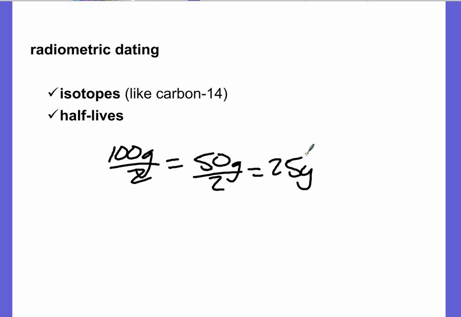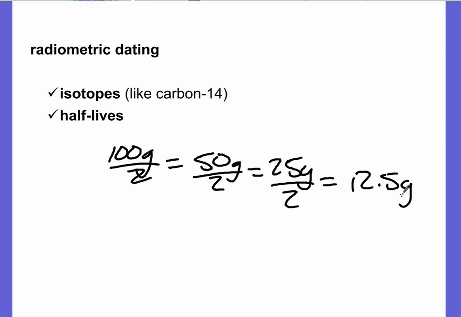When I divide by 2 again, it's going to give me 25. I lost 50 grams in the first half-life, but I only lost 25 grams in the next half-life. If I did it again, it'd be the same thing. Divide by 2, you end up with 12.5 grams left of that original 100 grams, and that would be after 3 half-lives.